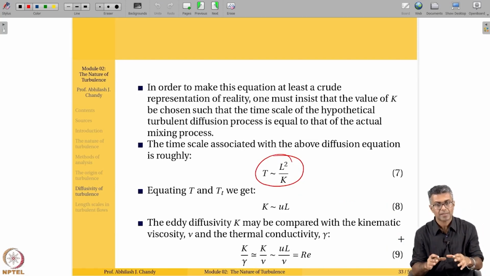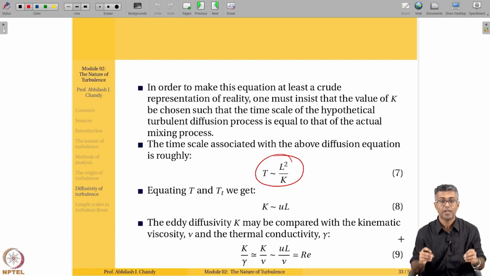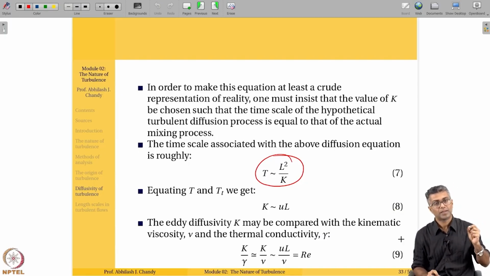So now this is the time scale associated with my newly manufactured equation representing the turbulent transport of heat in the room. Now obviously this has to be equal to the turbulent time scale.